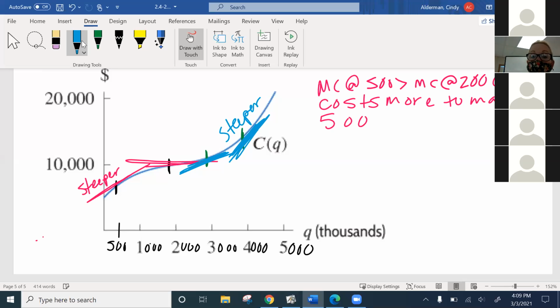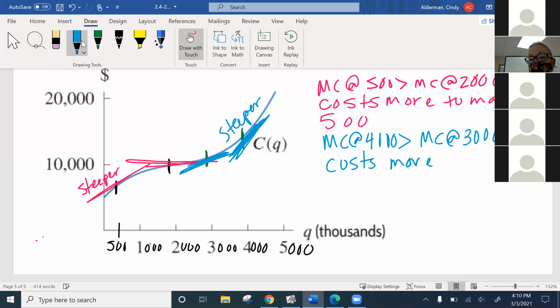So we can say that the marginal cost at 4,000 is greater than the marginal cost at 3,000. So it costs more to produce the 4,000th item.